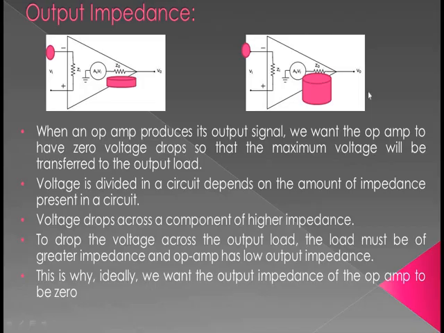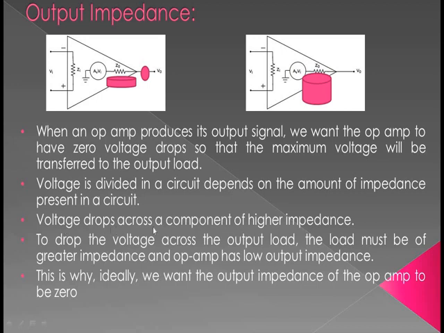Next characteristic is output impedance. Output impedance means the resistance at the output circuit of op-amp. See, if output impedance is low, current is transferred to output, and if the output impedance is high, voltage is dropped inside the op-amp.